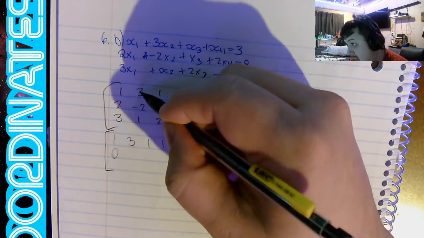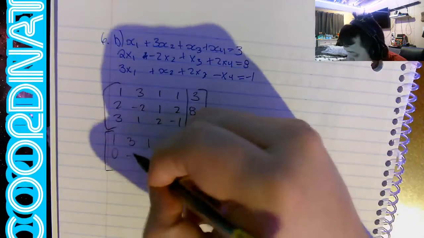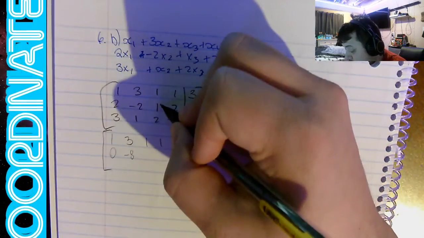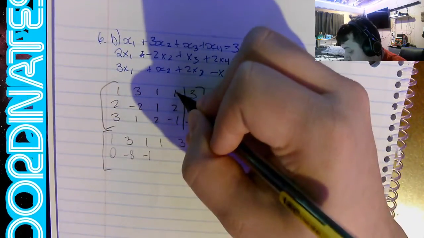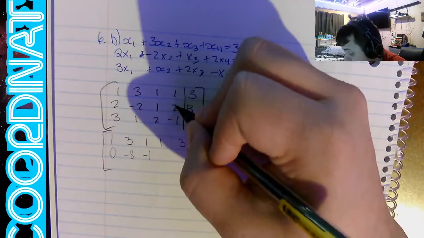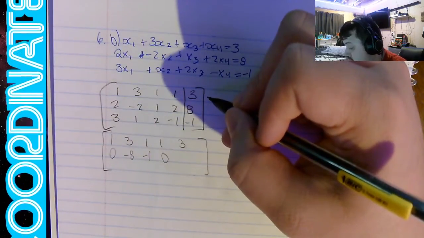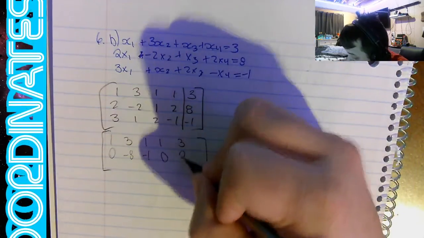Negative 2 times 3, negative 6, plus negative 2, negative 8. Negative 2 times 1, plus 1, negative 1. Negative 2 times 1 is negative 2, plus 2, 0. And negative 2 times 3 is negative 6, plus 8 is 2.